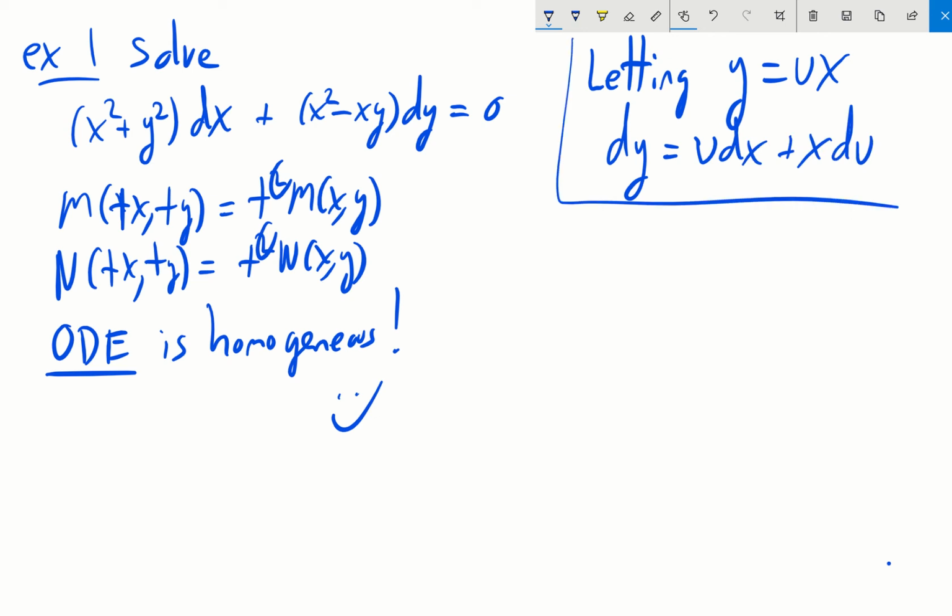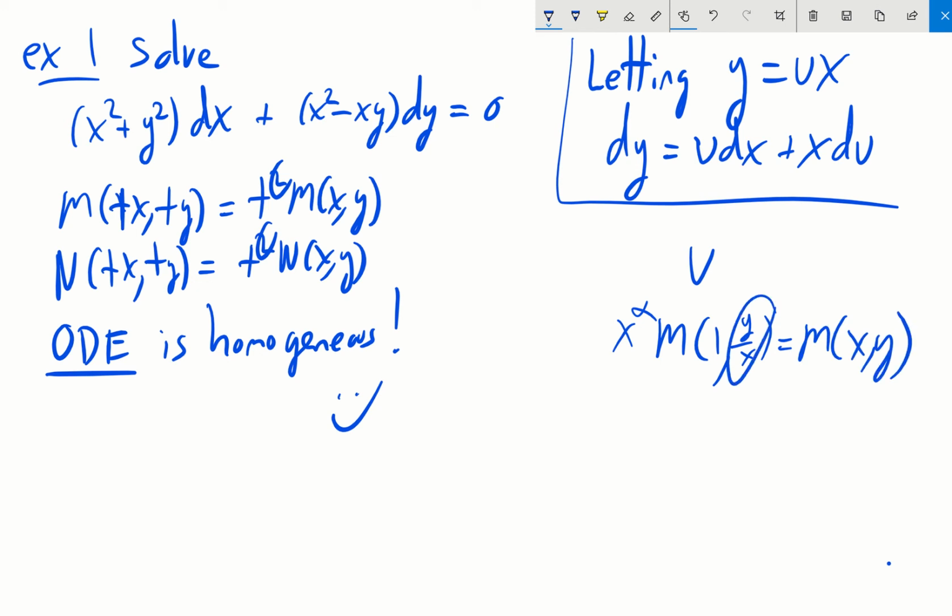I didn't show this in the notes when I was explaining it last time, but there's an alternative substitution that would also work. If you recall, where this u came from is that we showed the identity that x to the alpha times M of 1 comma y over x was equal to the original function M of x comma y.